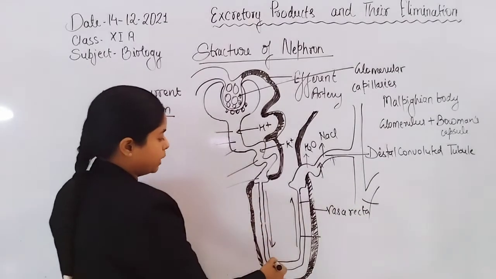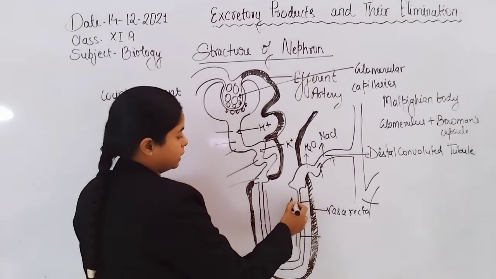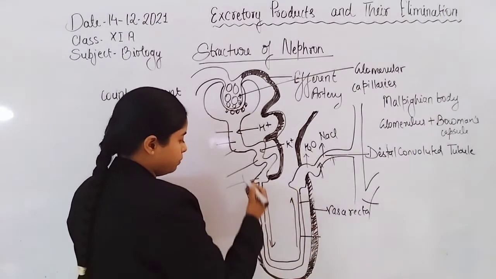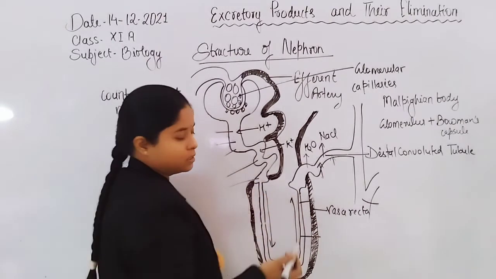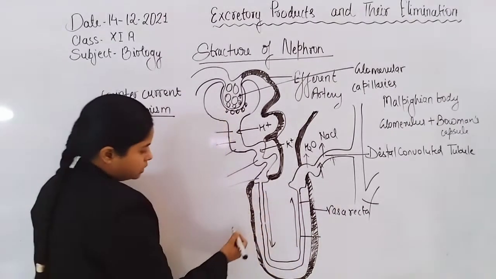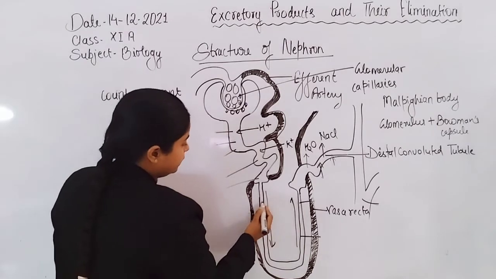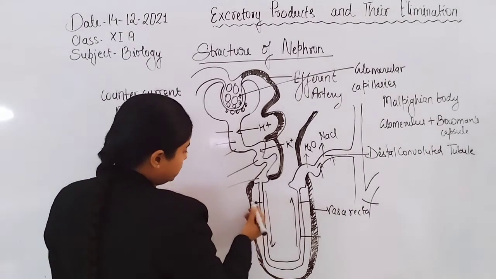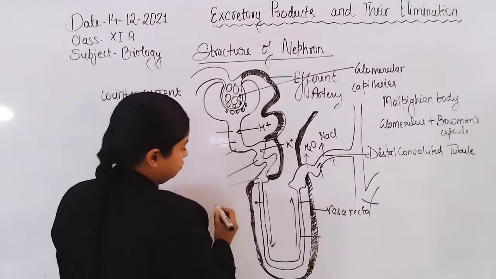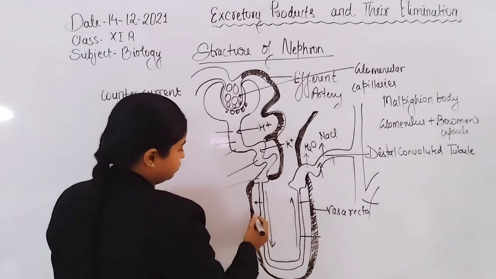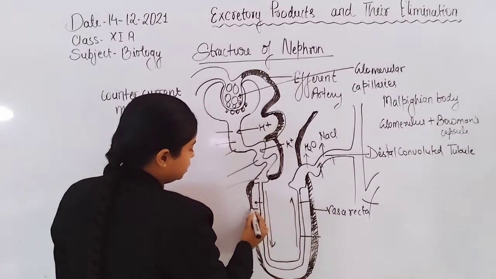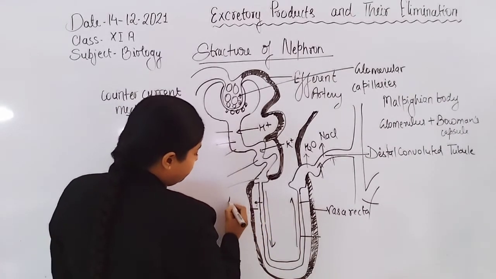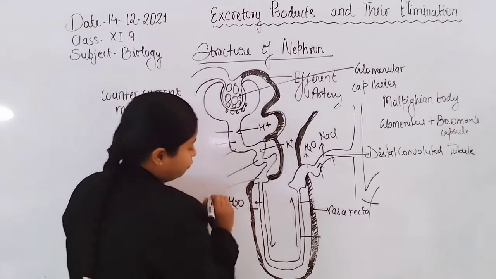Here is the descending part of the loop of Henle, which continues into the ascending part of the loop of Henle, and the U-shaped capillary is known as the vasa recta. So first we discuss that water is reabsorbed by the loop of Henle. It transfers into the interstitium, and from the interstitium the water molecules pass into the vasa recta.